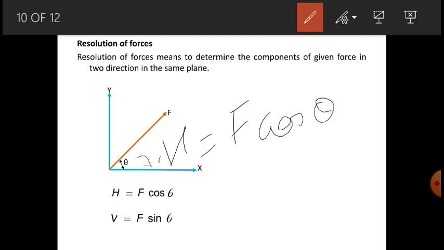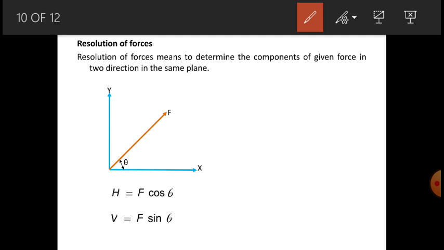Because theta is between the horizontal line and the force. Your vertical component will be F sin theta. Whenever theta is between the force and the horizontal component, your horizontal component will be F cos theta.